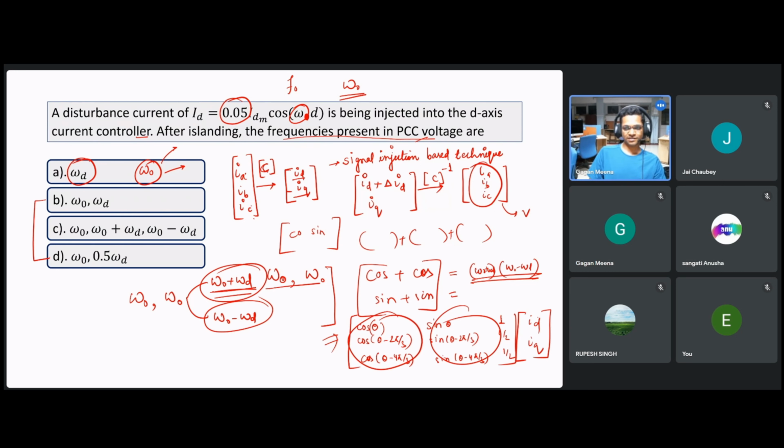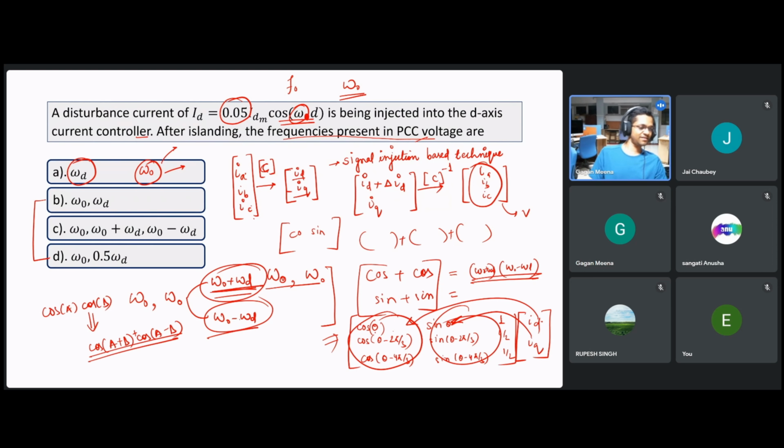If you multiply ID and IQ, this will multiply, this will multiply. In the ID term we already have a cos here. So when cos multiplies with this theta, it will be cos A, cos B, and you will get cos(A plus B) and cos(A minus B) terms.